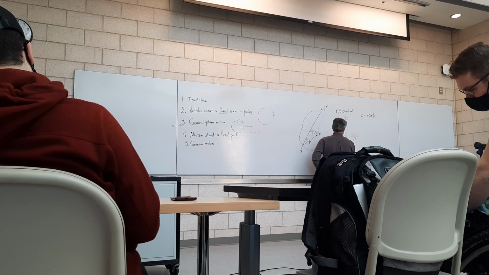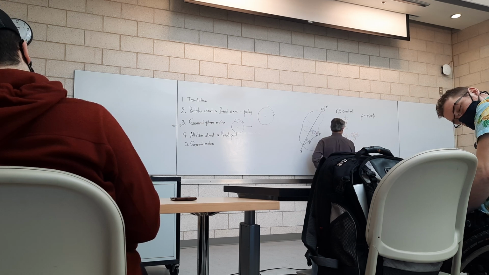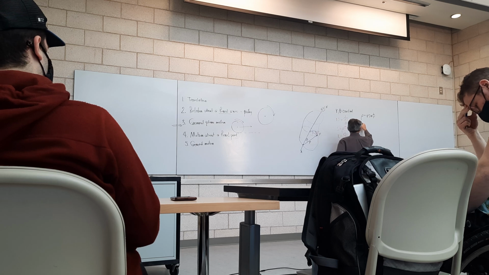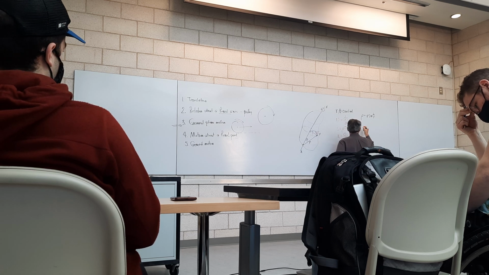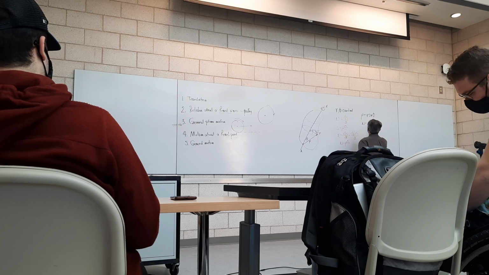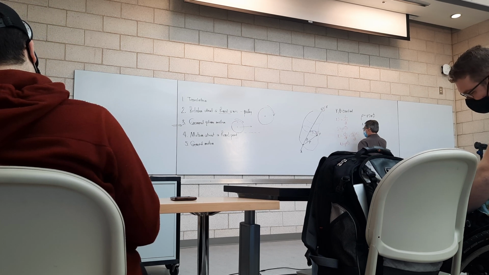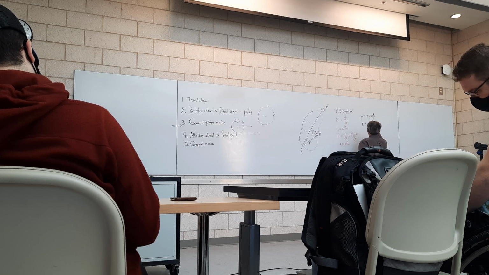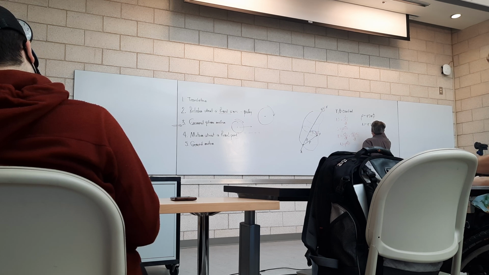So we said speed was equal to rho times theta dot, but I'm saying rho is equal to r times sine of phi, and therefore speed is equal to r sine of phi times theta dot.